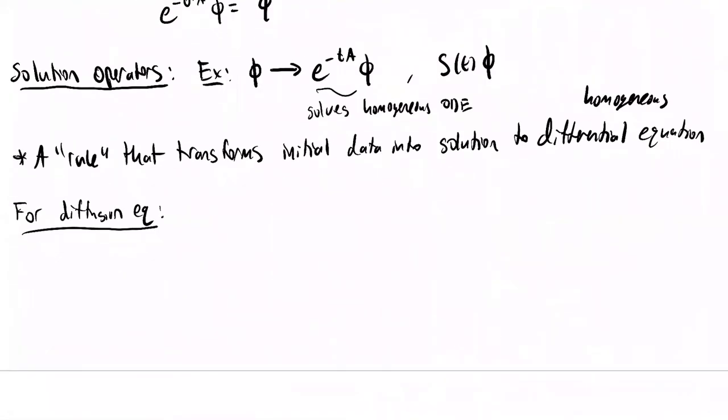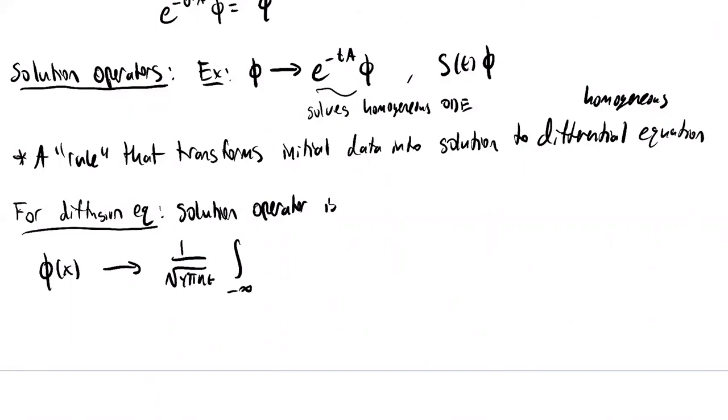And so the operator is given by, well, I take my initial function phi of x and I transform it to this integral, 1 over the square root of 4 pi k t, integral from minus infinity to infinity, then I have this Gaussian term, which is the source function, and then times phi of y, right? And so this solves the homogeneous IVP with initial data phi.